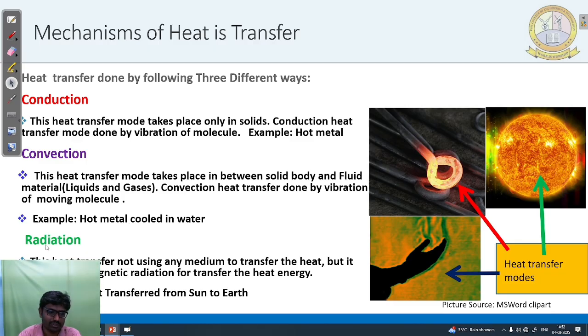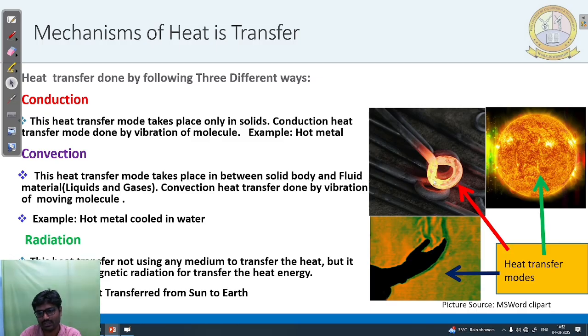And radiation. Radiation is heat transfer that occurs without any medium. So in conduction there is only one medium, in convection there are two mediums, and in radiation the heat is transferred without any medium. For example, the heat from the sun is transferred to the earth.